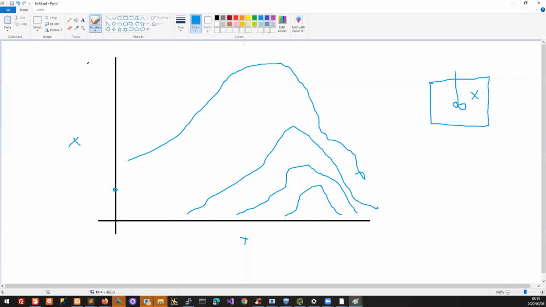Then what would be the best possible temperature for us? So let's say that's our 20%. I'm just moving my 20% to here, right? So if you look at this line, you are currently at a conversion of 20%, and 20% is this line.